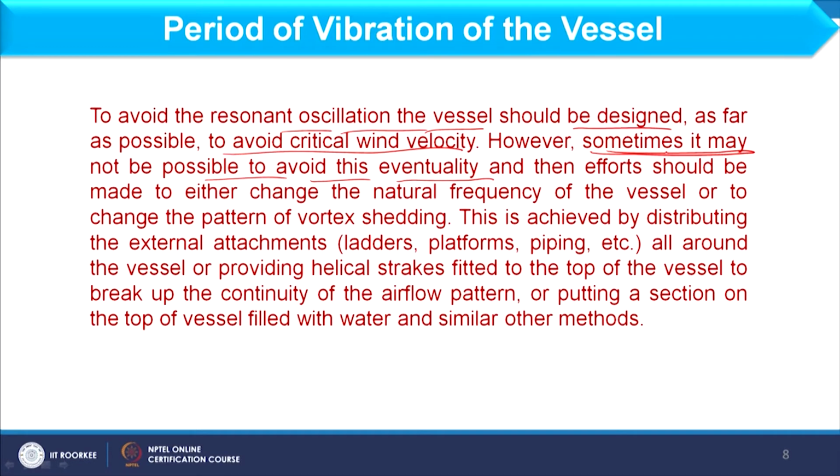However, sometimes it may not be possible to avoid this eventually, and then effort should be made to either change the natural frequency of the vessel or change the pattern of the vortex shedding.